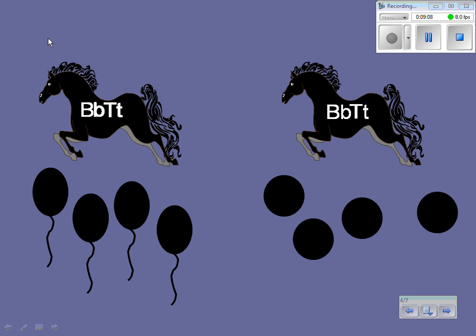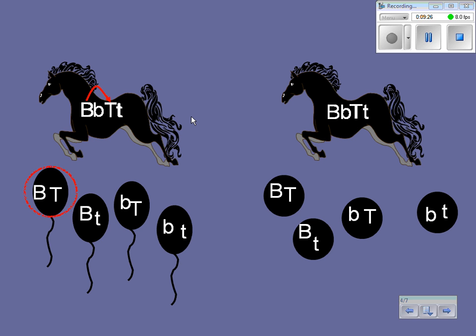But if each parent is heterozygous, we have the male and the female. For the male, a possible combination for a sperm: each sperm is going to get either a big B or a little b. So one possible combination could be big B, big T. Another possible combination could be big B, little t.